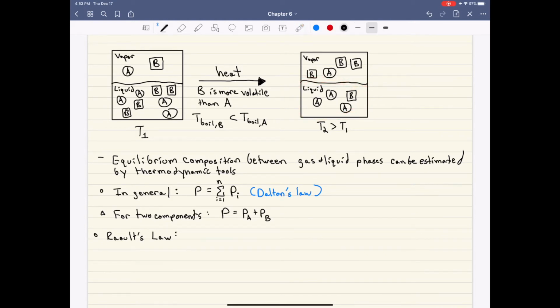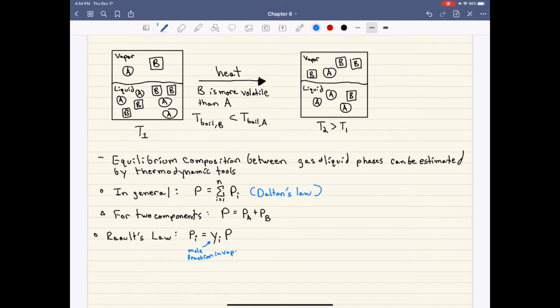All right? And so to write that out mathematically, what Raoult's law tells us is that Pi, our partial pressure, is going to be related to the total pressure of our vapor phase via the mole fraction of that species. All right? And so what I mean by that is that Pi is going to be equal to Yi times P, where Yi is the mole fraction in vapor.